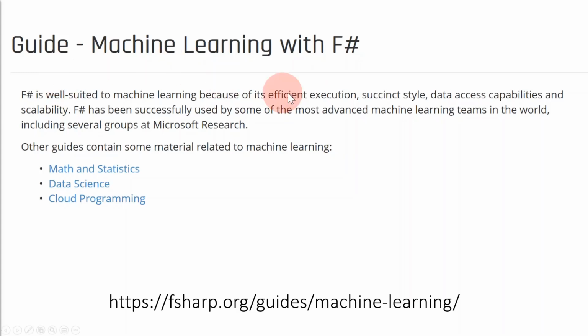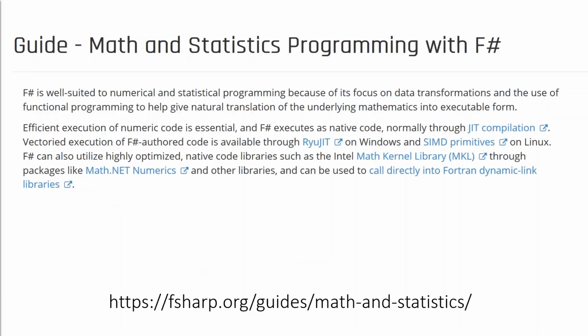This is the guide for machine learning with F#. And if you go online and you look at fsharp.org, they will make the case for why F# is very cool for machine learning. And I've seen this case made in years past, and I am still on board that for a lot of the mathematical programming, F# is a very competitive answer for doing that. And there are examples and also a number of people talking about that.